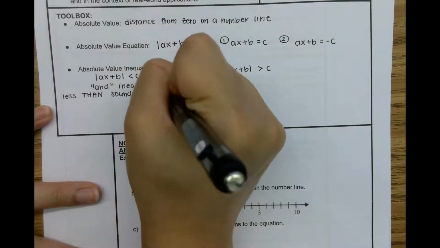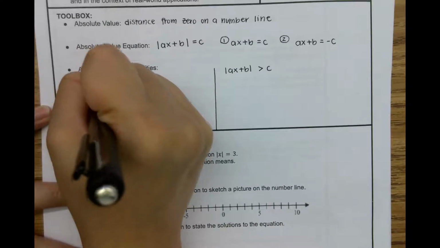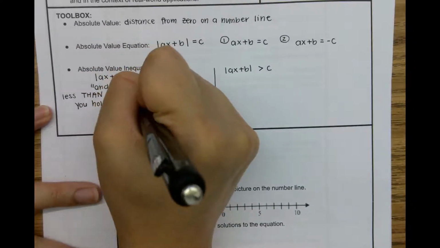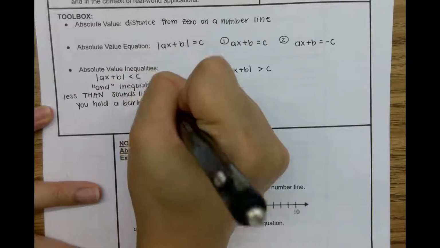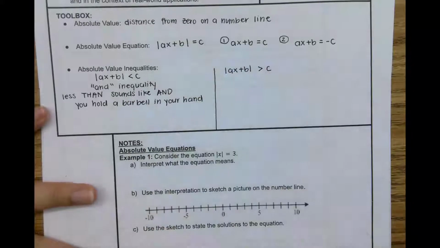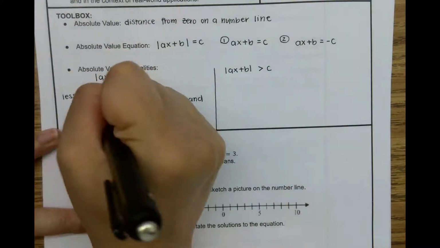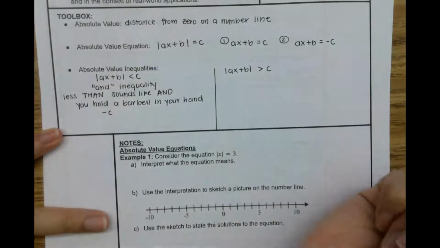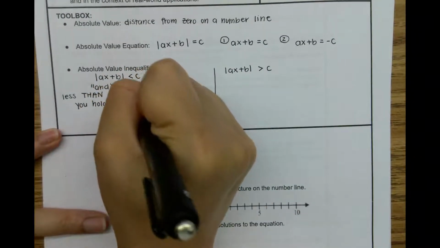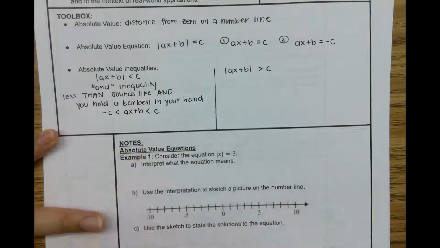And you hold a barbell in your hand. And when we have an and inequality, we write it like this: negative c less than what we had in our absolute value, Ax plus b, less than positive c. So here you can see that and inequality.